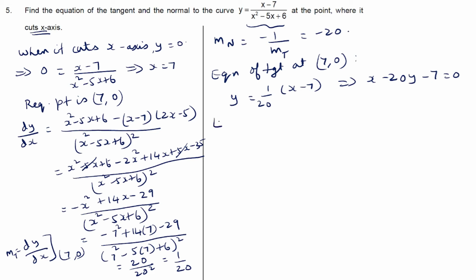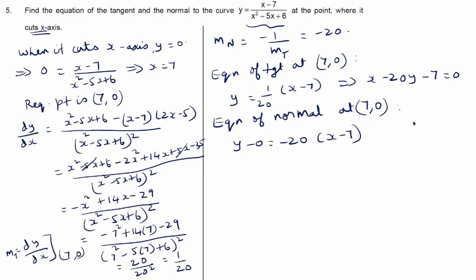This is equation of tangent. Now equation of normal. At 7, 0 it is y minus 0 equal to, this is the slope of the normal, minus 20 into x minus 7.